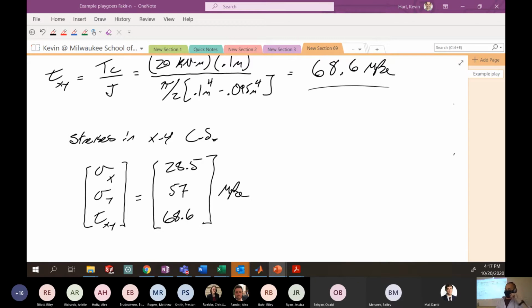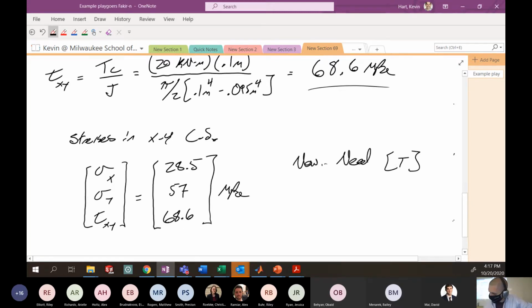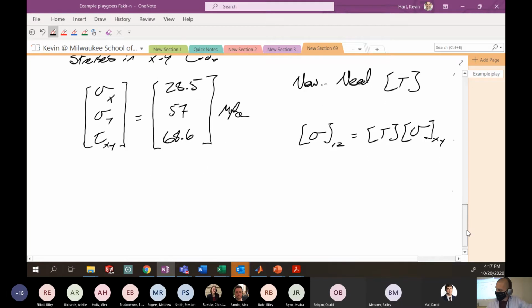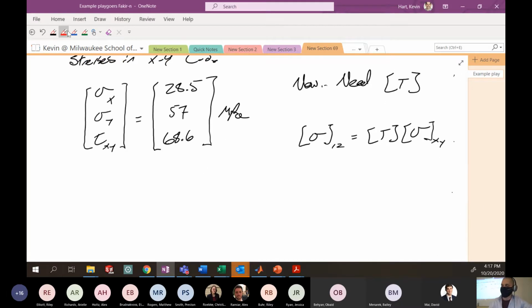But now here's where the composites comes in. We want it in principal coordinates. So now we need our transformation matrix T. We talked about a bunch of different transformation matrices.